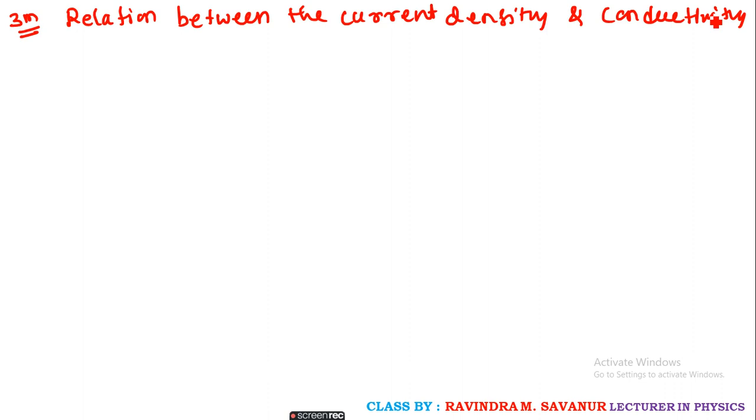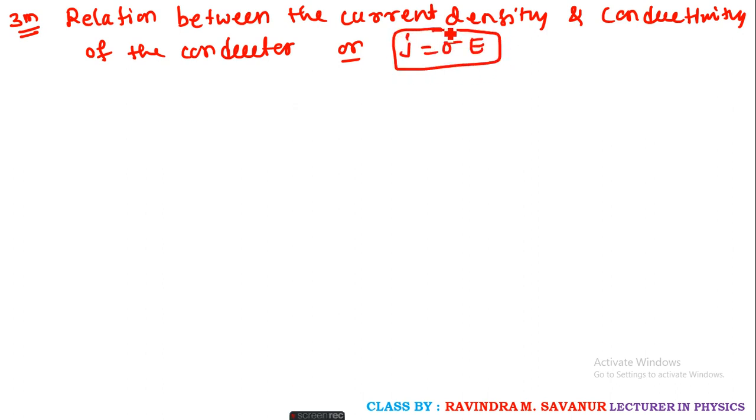In the first class we discussed the basic definitions of current density and conductivity of the conductor. They may ask you to prove that J equals sigma into E. You need to prove this mathematical equation. Now they are asking to make a relation between current density and conductivity of the conductor.